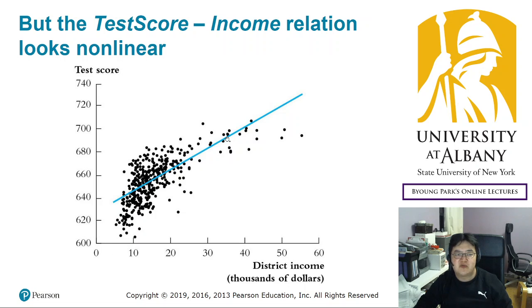Just from the graph, I would draw a curve, increasing fast and then slowing down, slowing down, flat. That would be a better fitting line than a straight line.